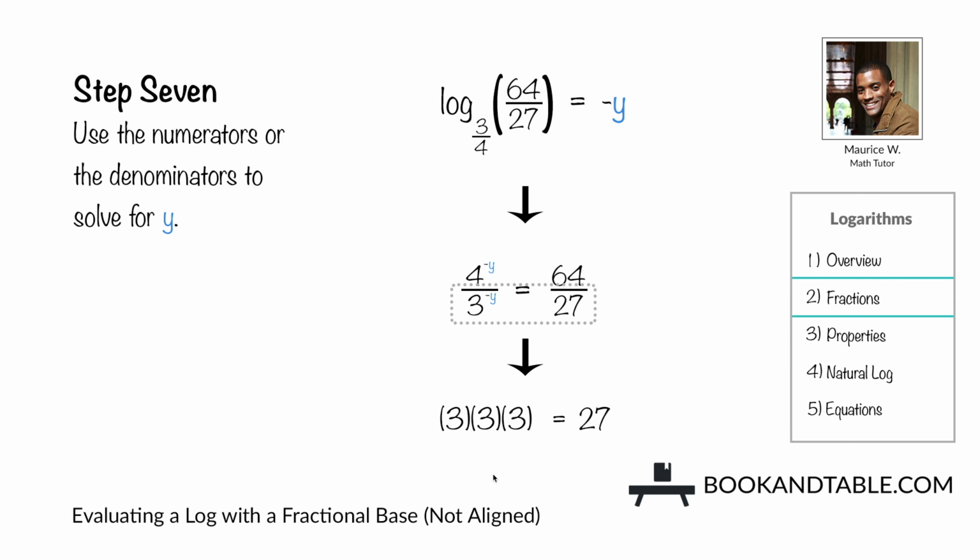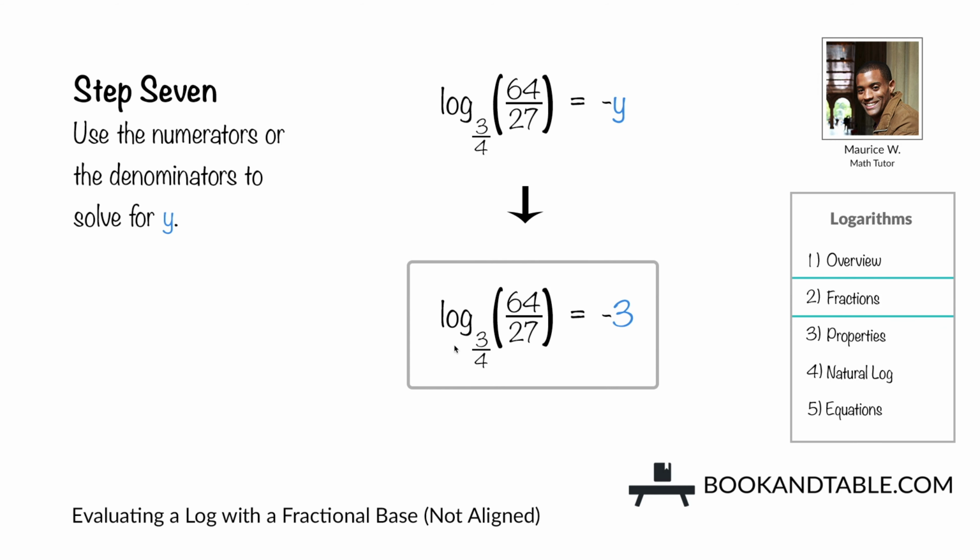And if we use the denominator instead, 3 times 3 is 9, and 9 times 3 is 27. Again, showing us that y is equal to 3. So if y is equal to 3, then we know log of base 3/4 of 64/27 is equal to negative 3.